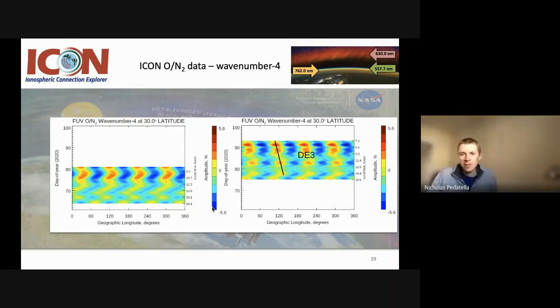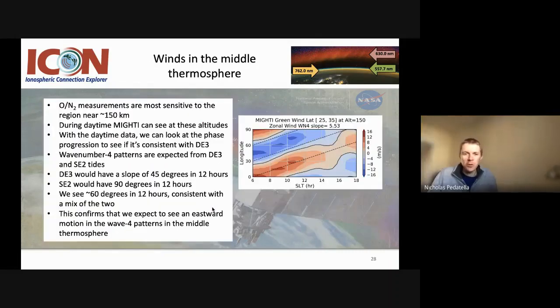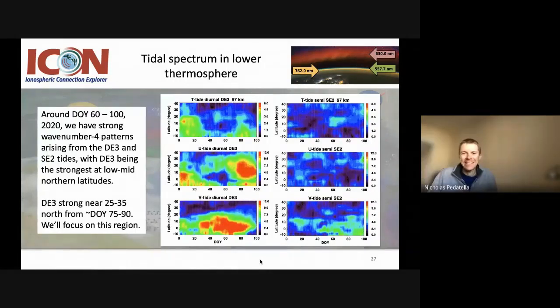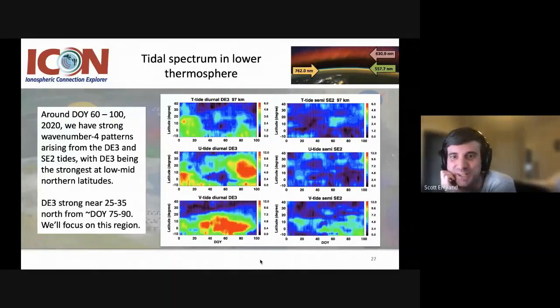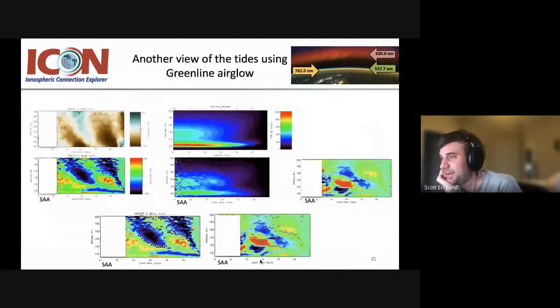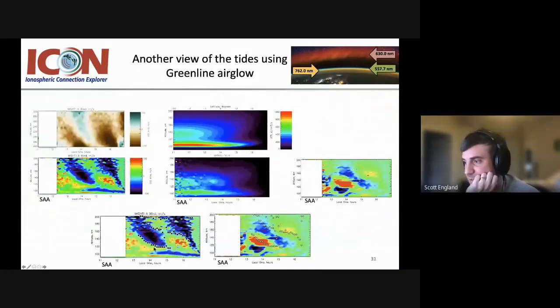And he had a bit of a follow-up question: does O2 and N2 respond more to the zonal or the meridional wind? Vertical wind. Okay, neither, which you can't measure. And likewise, I think this green line is responding to the vertical wind. I think it's right, it's why the peaks and the troughs in the green line are lining up with the zero points in the horizontal wind, in this case.